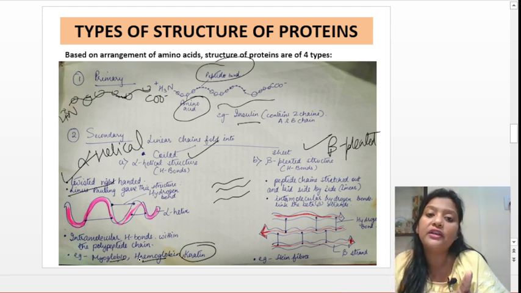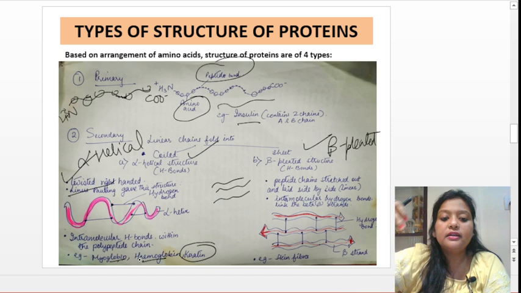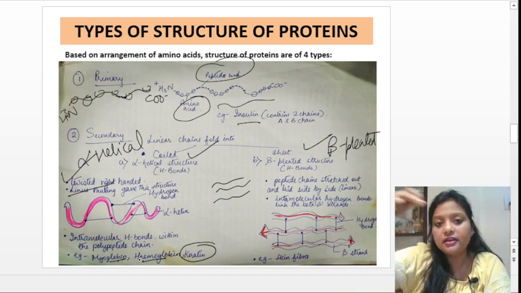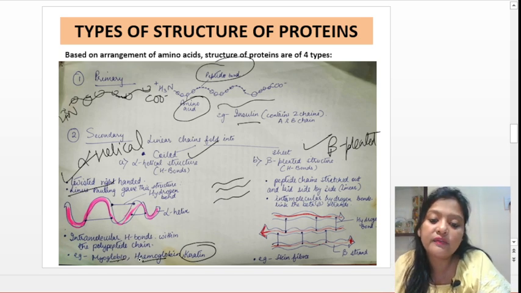That is why hemoglobin is given as an example, because the alpha helical strands are in a coil structure. That's why the examples given are hemoglobin, myoglobin, and keratin. And for beta pleated, the example is skin fibers.